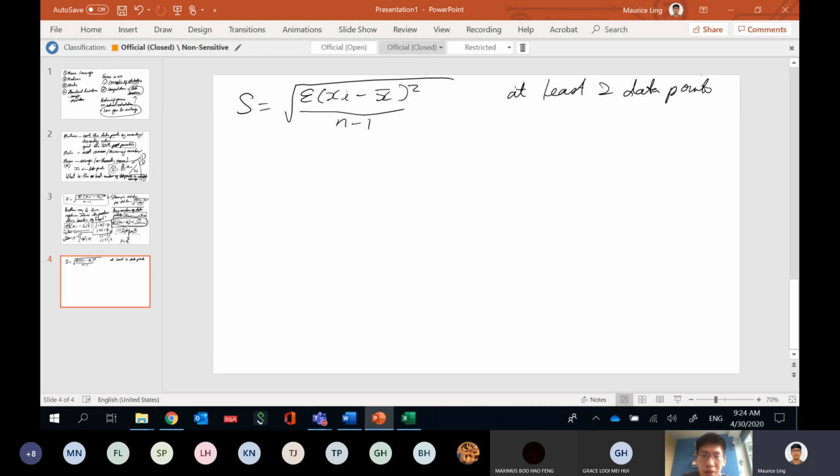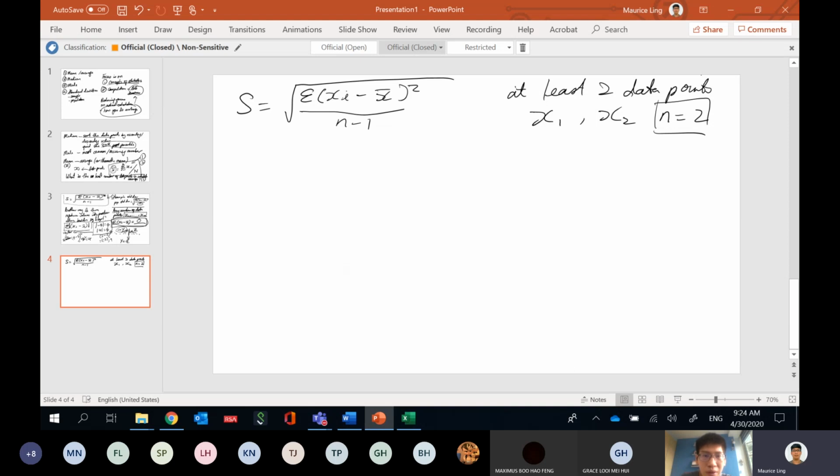Yes, sir. Okay, so let's say I have 2 data points, x1 and x2. I put them inside the equation and see what happens. Because with x1 and x2, n is 2, correct? Yes, sir.